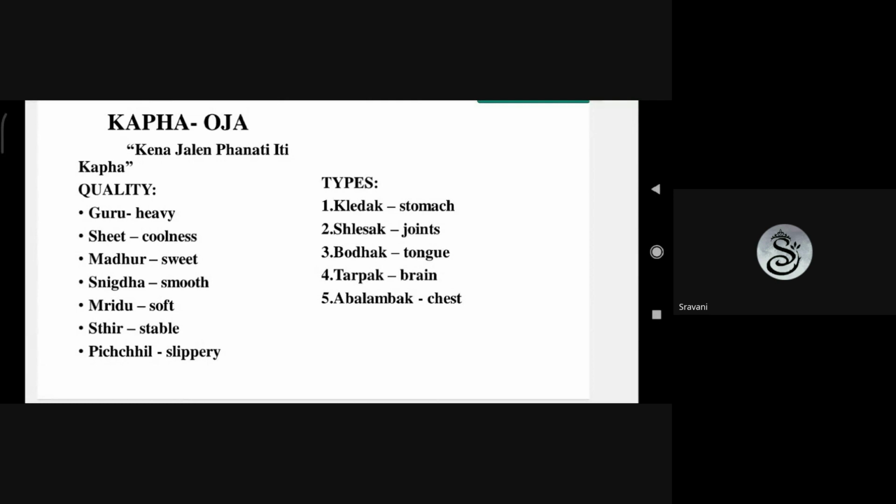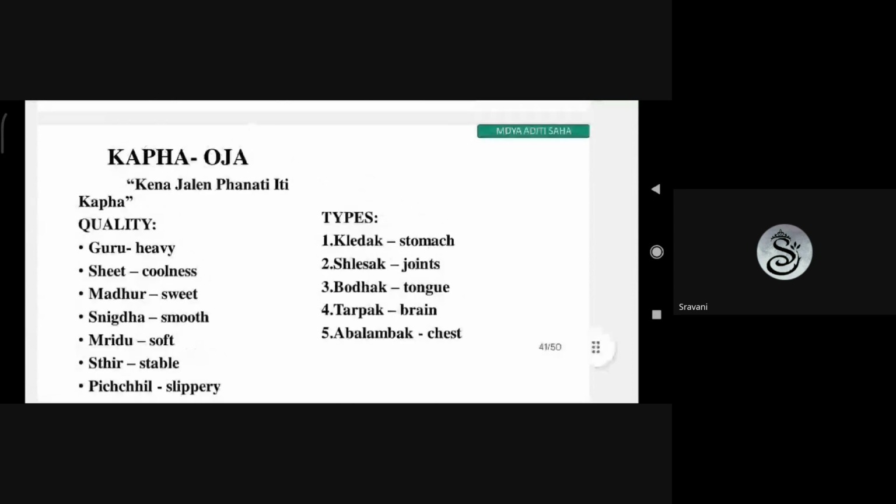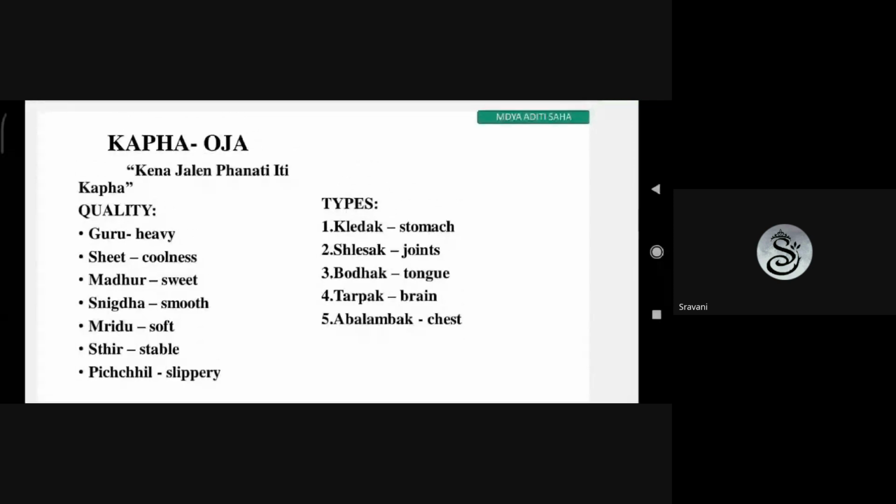And Vata dominated people do things with a lot of speed, they cannot be stable, they cannot sit calm. Okay. And there are some characteristics of Pitta on the basis of which they identify who is Vata dominated, who is Kapha dominated, and who is Pitta dominated.